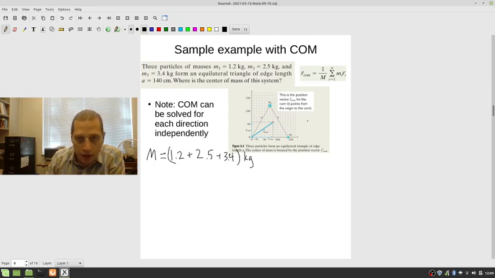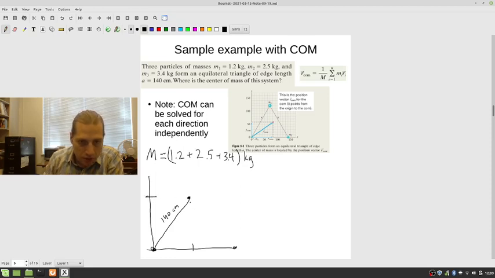Okay. And if we set up our coordinate system the way they do, like this, we can see that each side of this equilateral triangle is 140 centimeters.